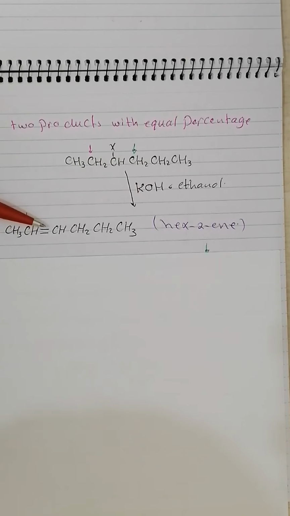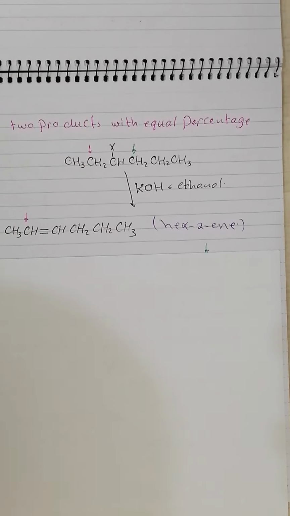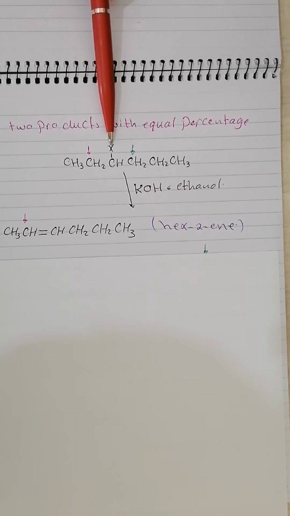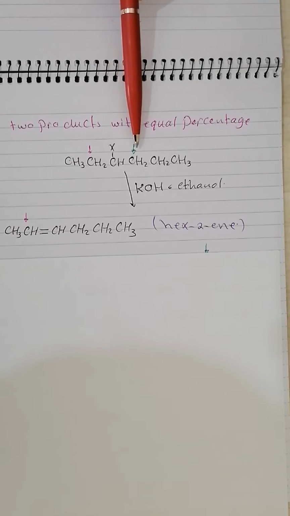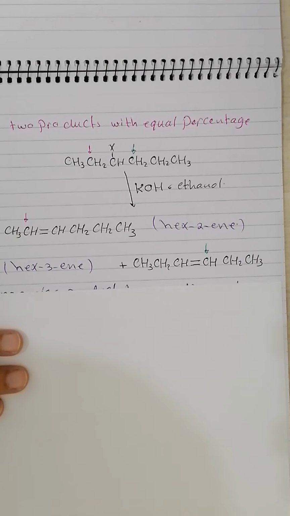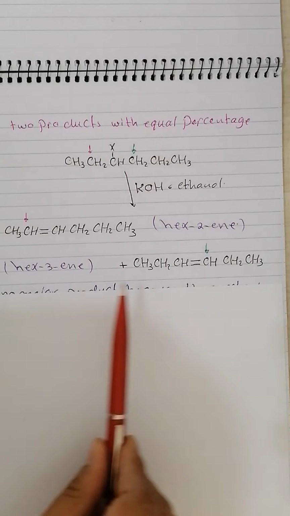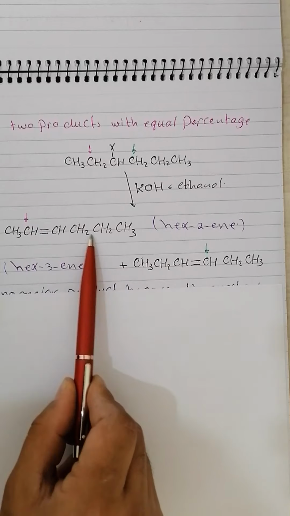The double bond will be at the second carbon, so it will be hex-2-ene: 1, 2, 3, 4, 5, 6. If we remove the halogen from this carbon and the hydrogen from the other side, my product will be hex-3-ene. They are not the same.